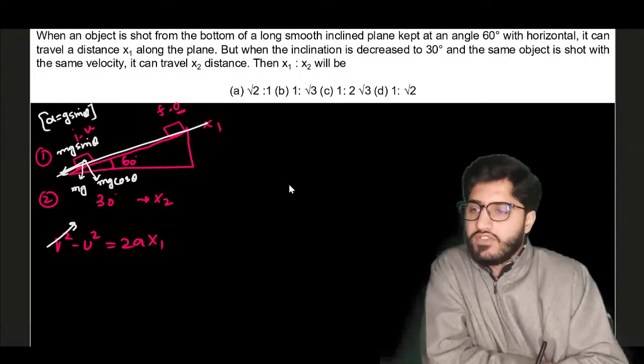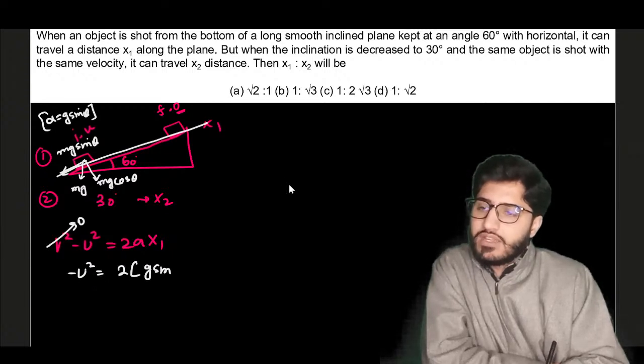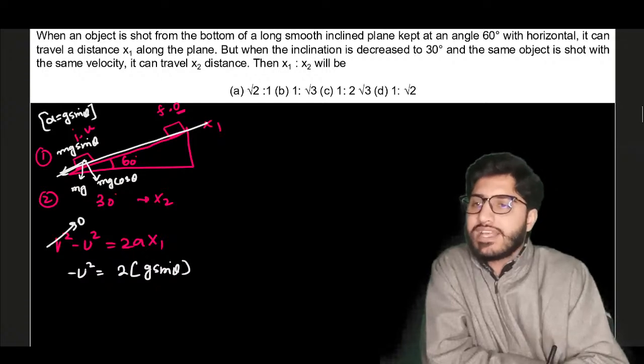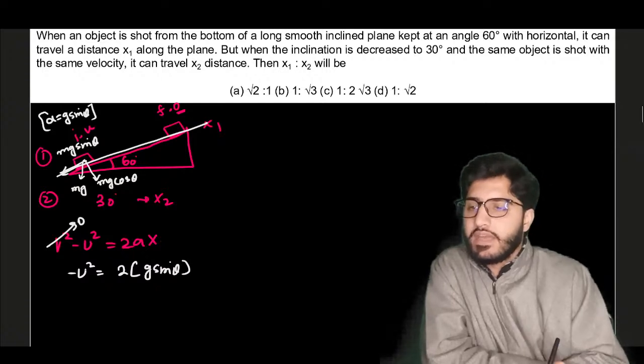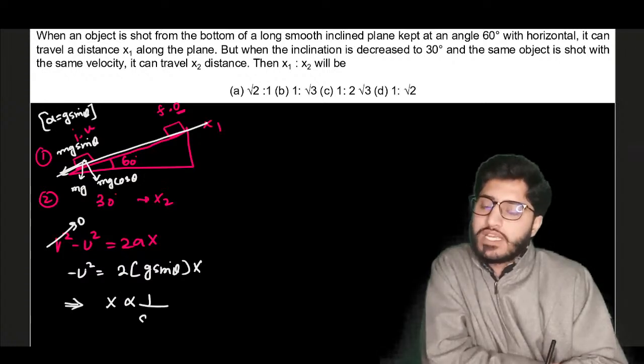Done. 0 minus u square equals to 2 times a x. What is a? Sir, a is g sin theta. Then let's suppose it is x, not a general case. It is x. So can I write in a really shortcut way that my x is inversely proportional to sin theta? Yes, sir.